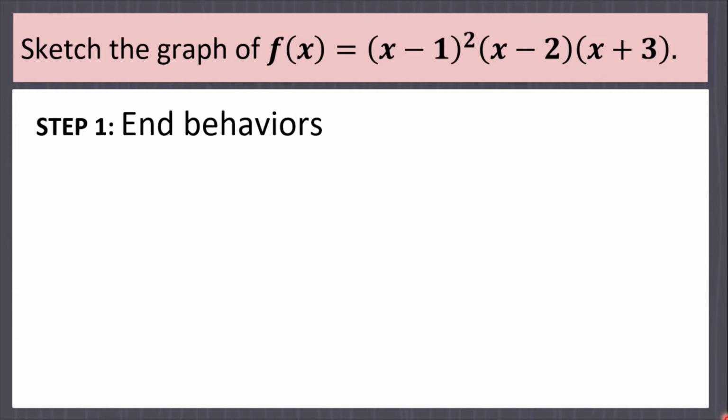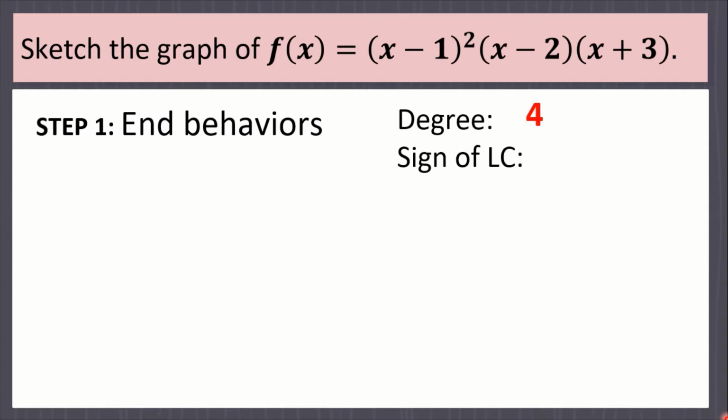So, sa leading coefficient test, we have to determine the degree and the sign of the leading coefficient. The degree of this polynomial function is 4. So, kung maalala ninyo, ang degree is the highest exponent of x if the given function is in standard form.